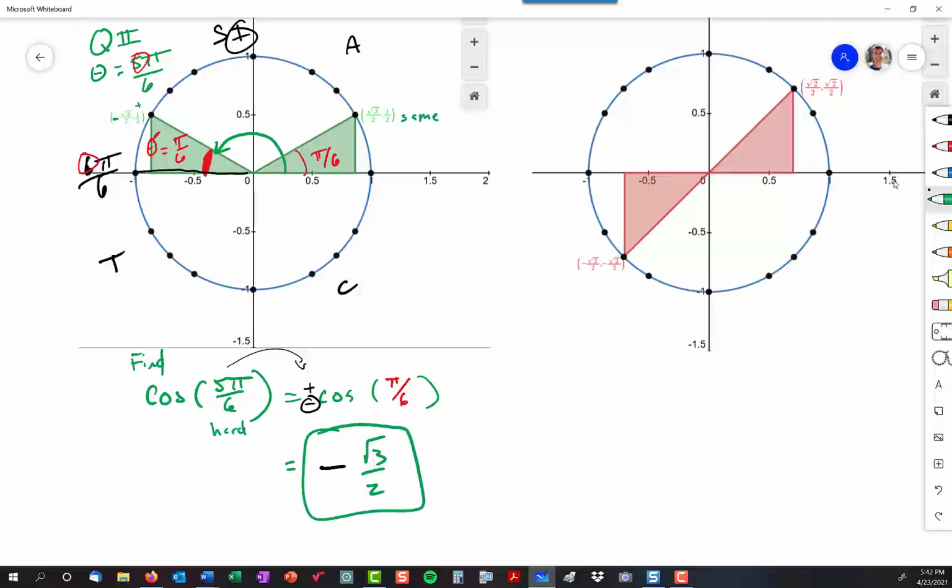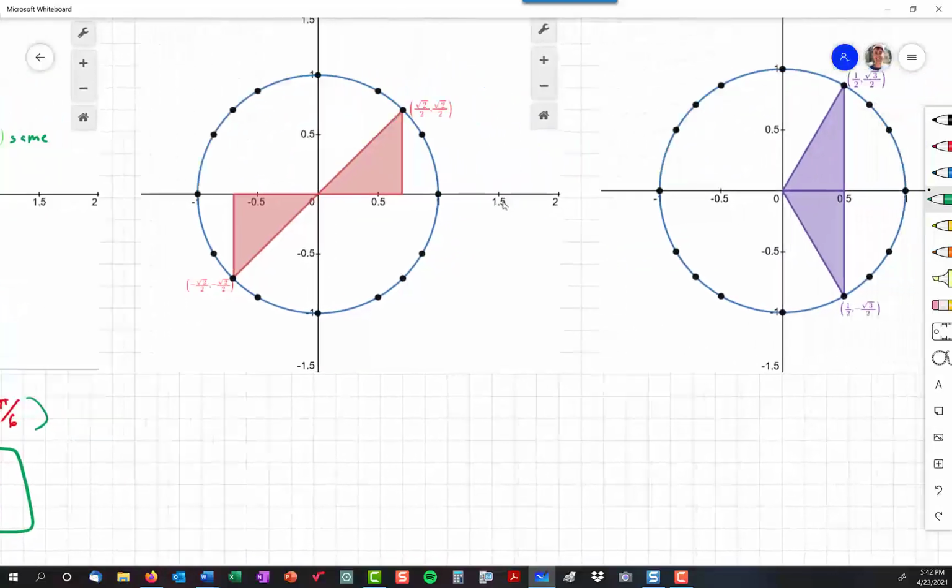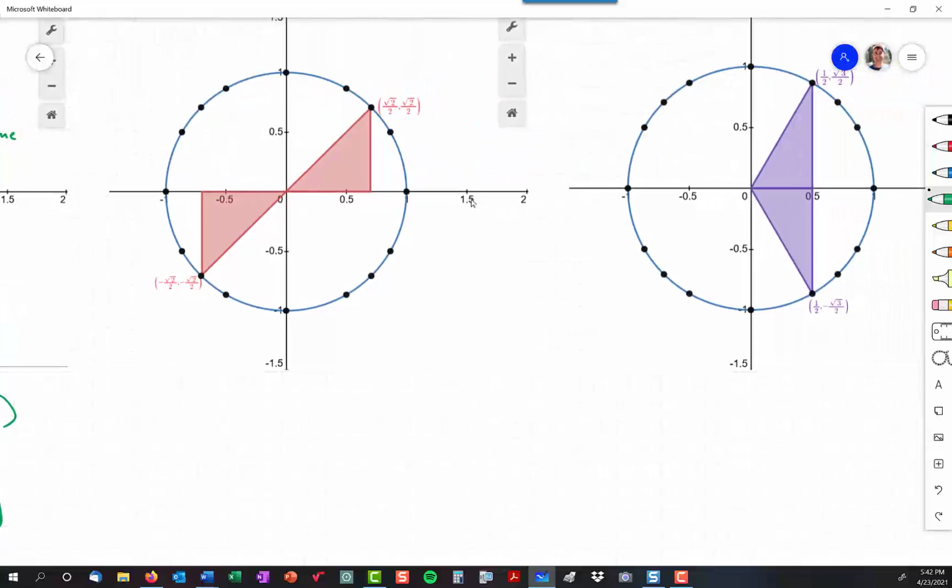Now I did that based on what I memorized from quadrant 1, and that is the reference angle property. Let's try another one here. So let's consider an angle. I'll make it orange here, this angle right there. So I am in quadrant 3, and the angle I'm giving you in this diagram is 5 pi over 4.